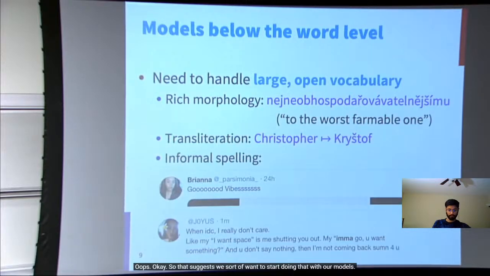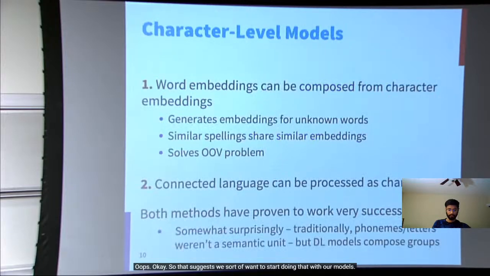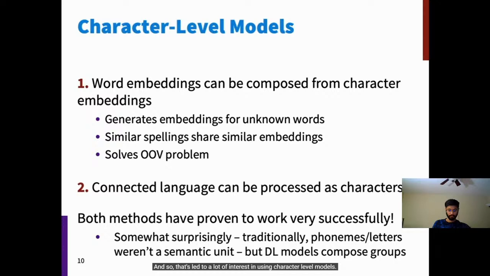Okay, so that suggests we want to start doing that with our models. And so that's led to a lot of interest in using character-level models. And there are two extents to which you can do this, and we'll look at them both a bit. One level is to say, look, we're still going to have words in our system.